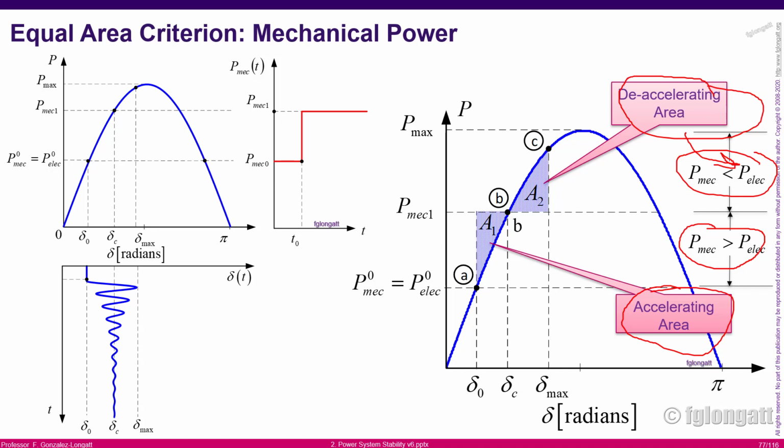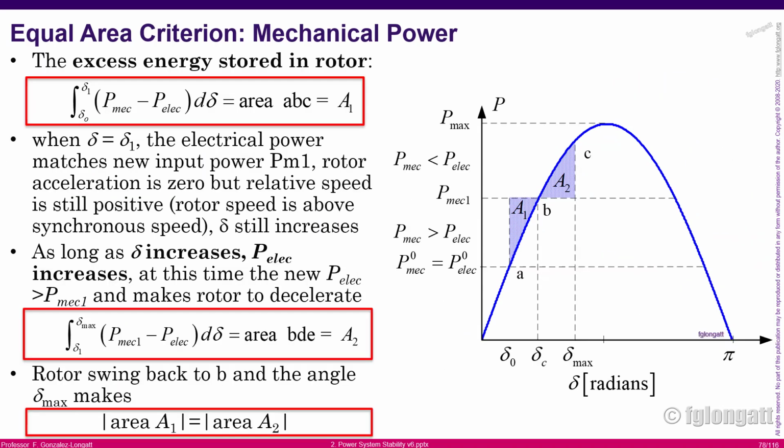Well, now what we want to do is use the equal area criterion. I believe all of you can see that we can define here two areas, A1 and A2.